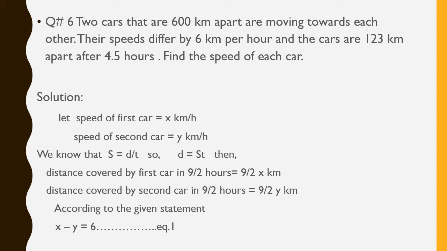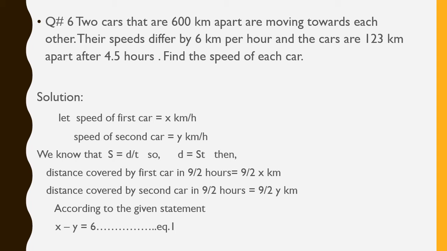As you know that speed is equals to distance divided by time. So the distance will be equals to speed multiplied by t. So the distance covered by first car in 9/2 hours equals to 9/2 x kilometer.